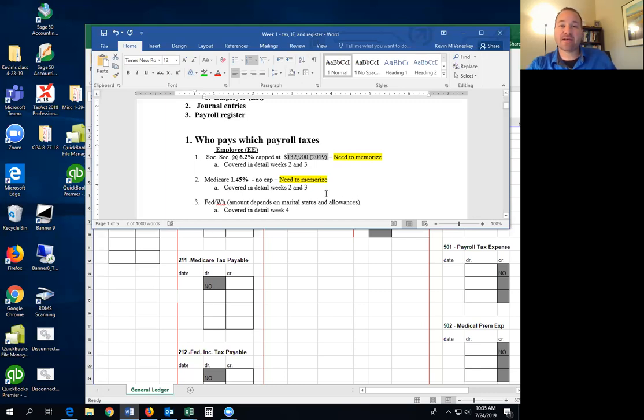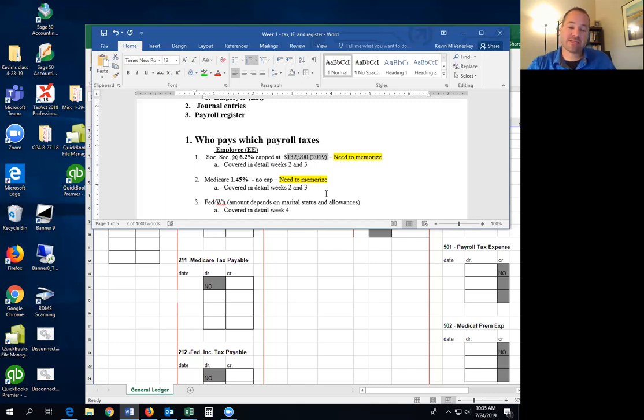The third tax that employees have to pay is your federal income tax, and a lot of times I'll call this your federal withholdings. That's what Fed WH stands for. How much is taken out of your check depends on your marital status and how many allowances you claim. Allowances are things like if you have kids and any other dependents that live with you.